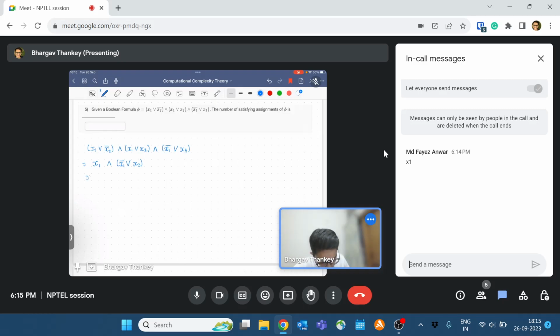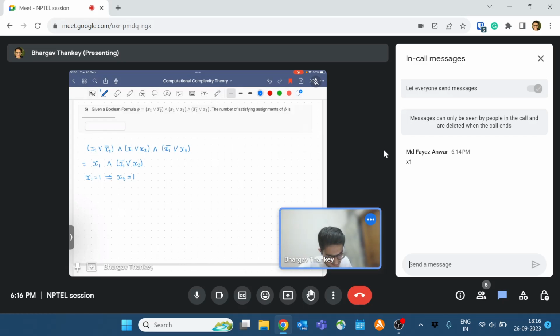So x1 equals 1 forces x3 equals 1, right? Even this expression can also be simplified as x1 or x3 only, isn't it?